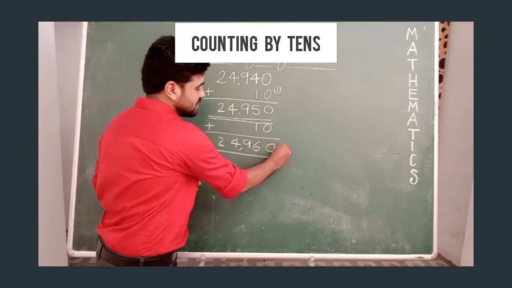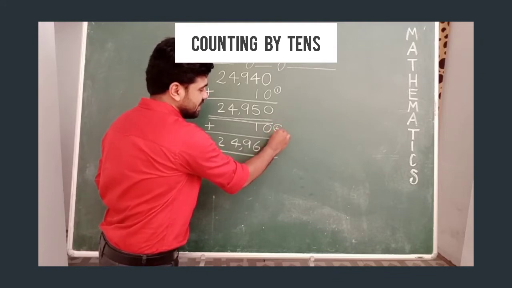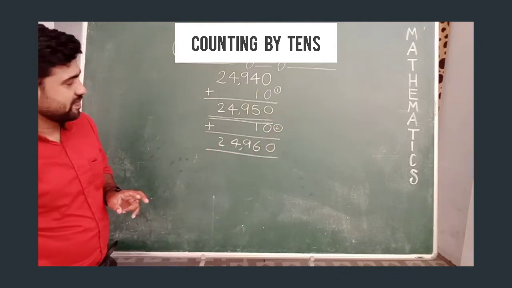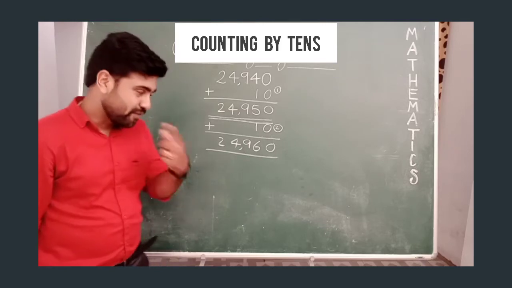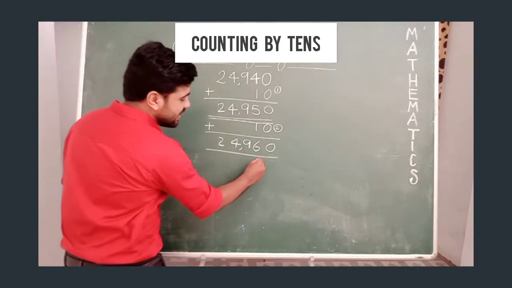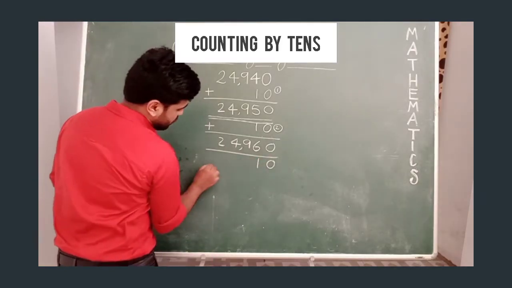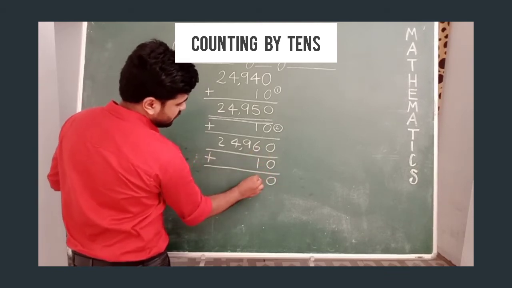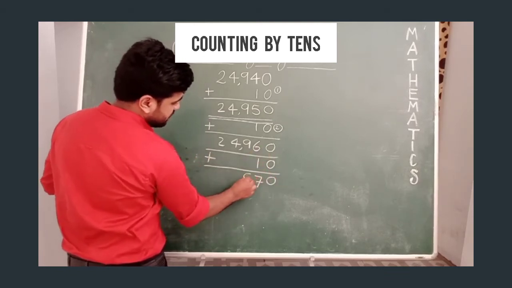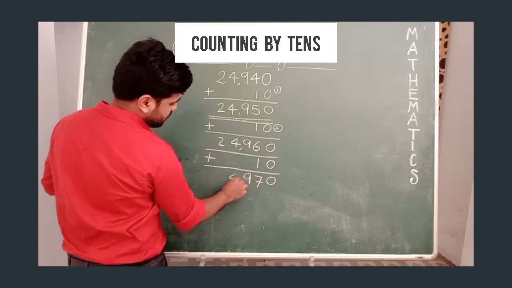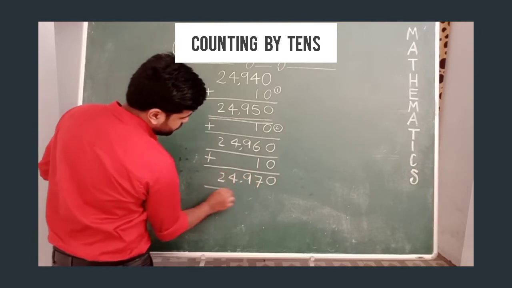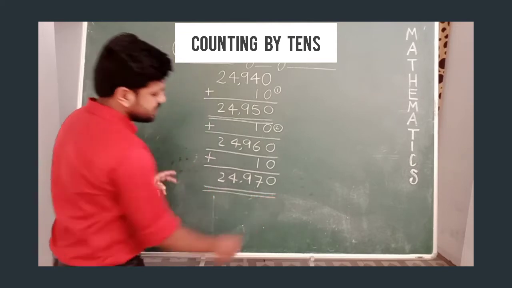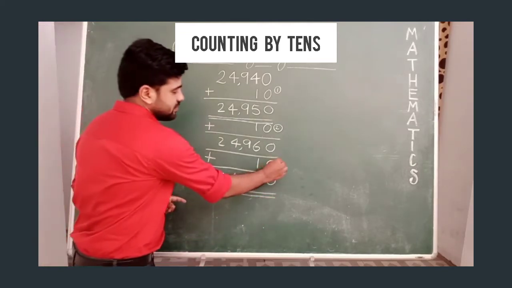Here we got the second number. We add 10 the second time. For getting the next number, again add 10 to this number. 0, 6 plus 1, 7, 9, 4, 2. 24,970.